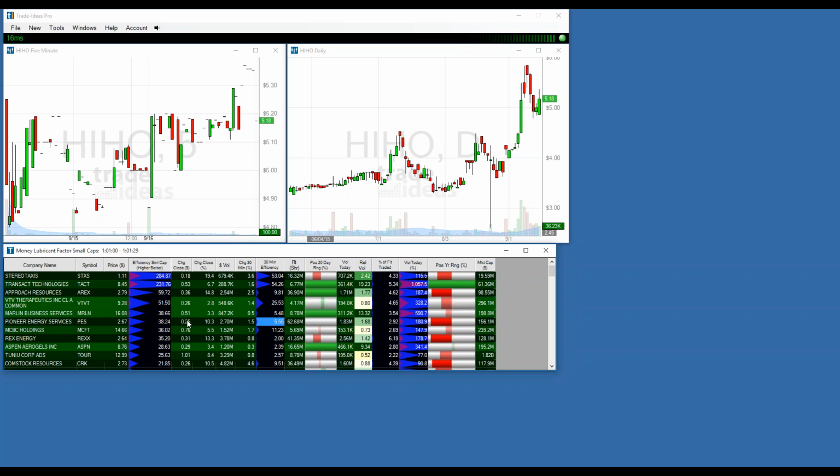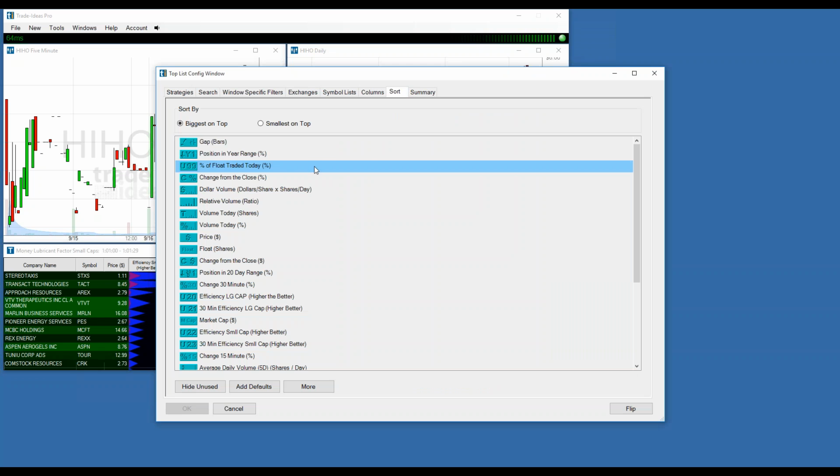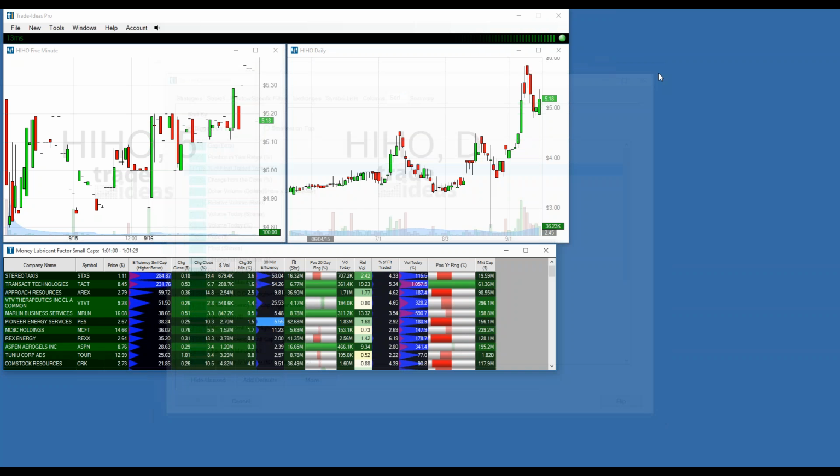Absolutely, and remember too, guys, that all these windows can be sorted. This is a server sort, so they can be sorted on a lot of different things. Here, I'm already trying to find the stocks we talked about before, where they're trading a decent percentage of the float today, because we're looking for a higher probability of continued momentum.